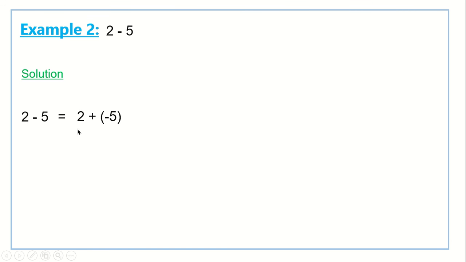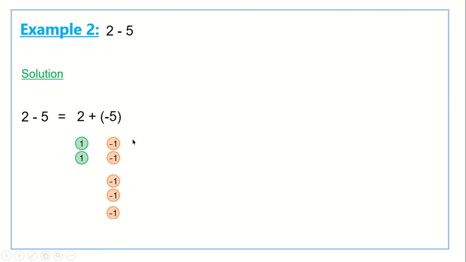Another example. We have got 2 minus 5. So then, this is the same as 2 plus a negative of 5. So we will get 2 disks of 1 and 5 disks of negative 1.